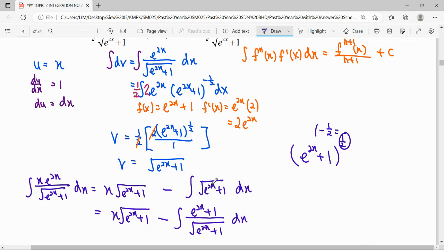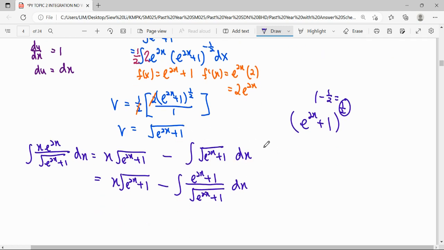So we rewrite this square root of e to x plus 1. It is equivalent to that function divided by its square root function. So this is power 1. Divide means we minus 1 over 2, so it will be equivalent back, but we need this pattern so that this integral can give us the value that we want.